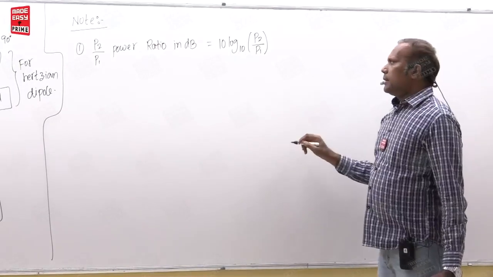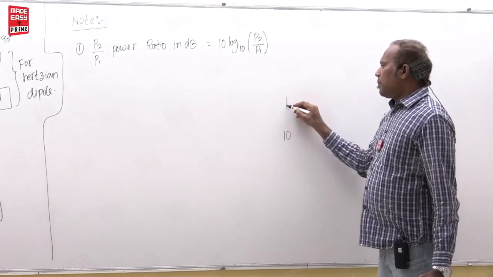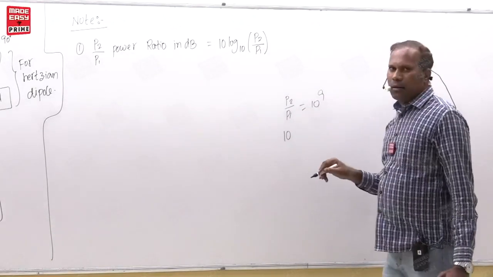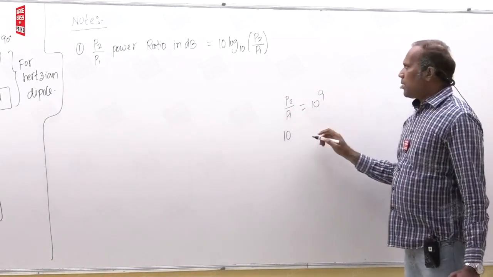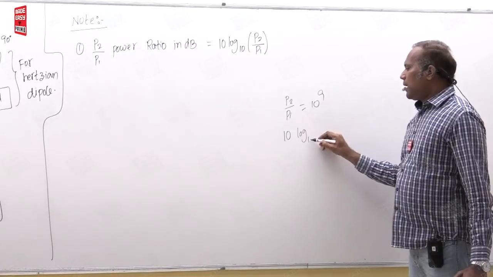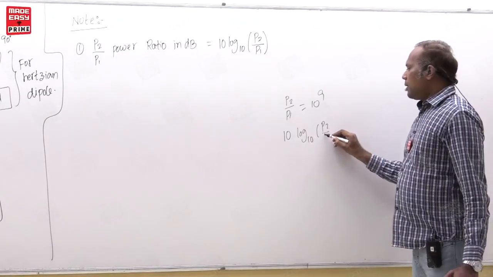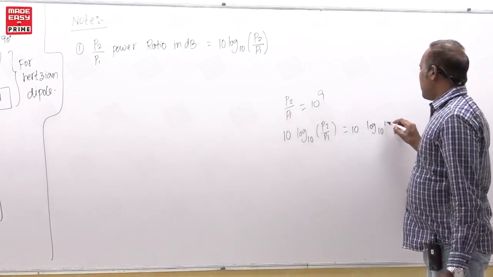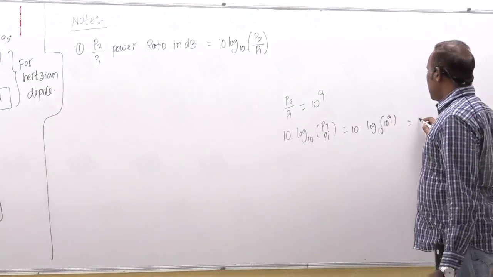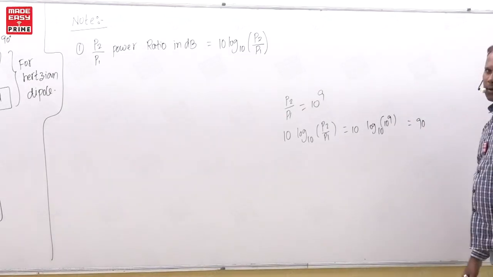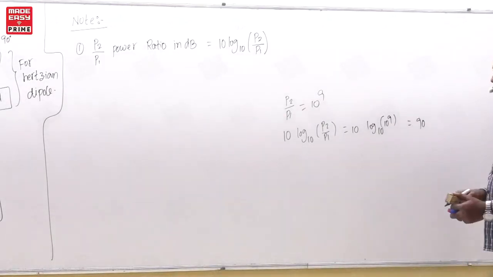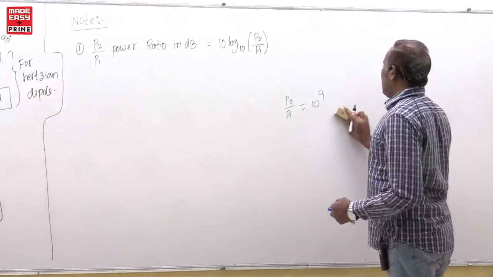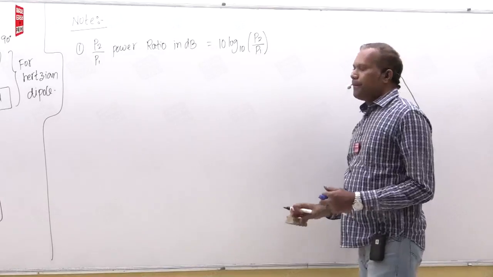Second thing is, for example, power ratio is 10 to the power 9. It is a huge number. But once you take log, then it becomes a very small number, 10 power 9 becomes 90. So it compresses the numbers actually. That is why you want to take logarithm.